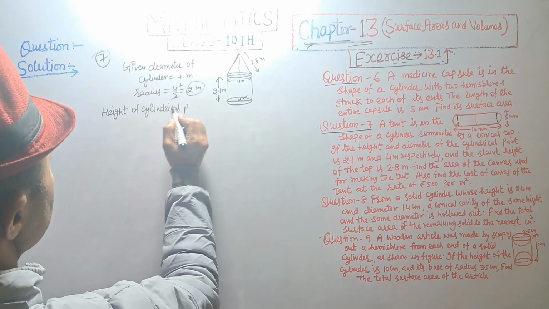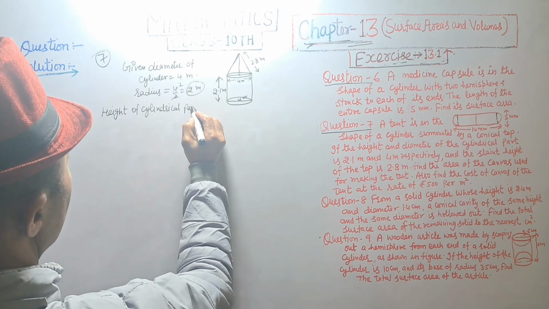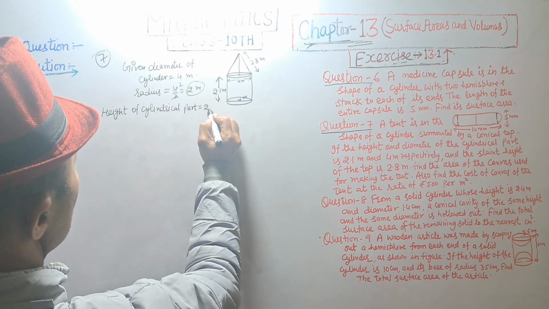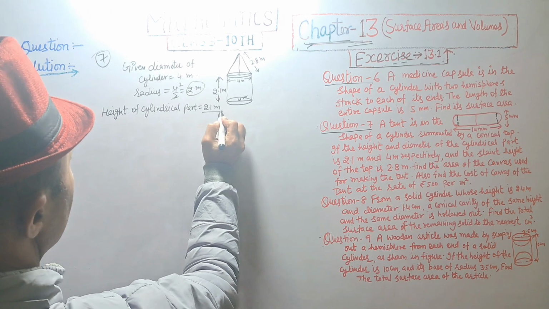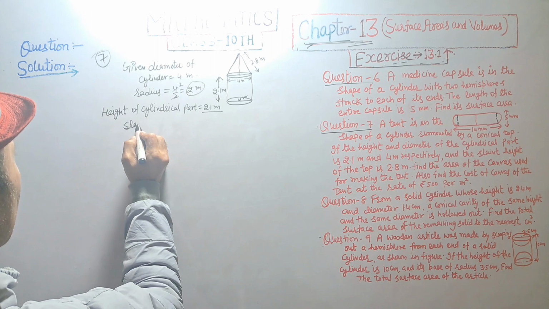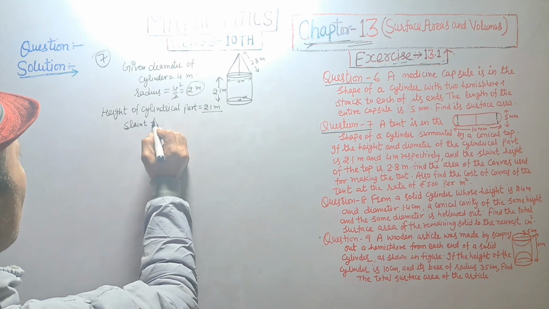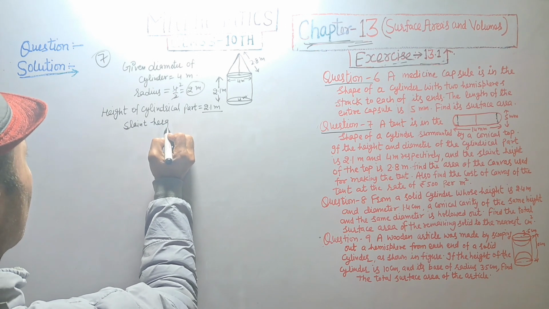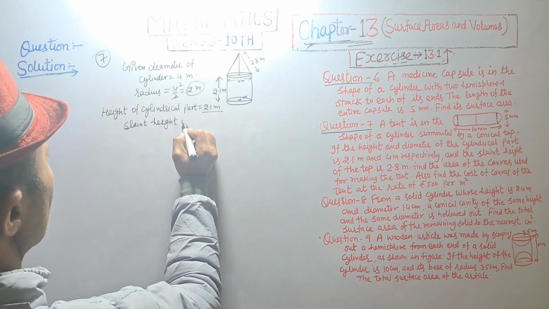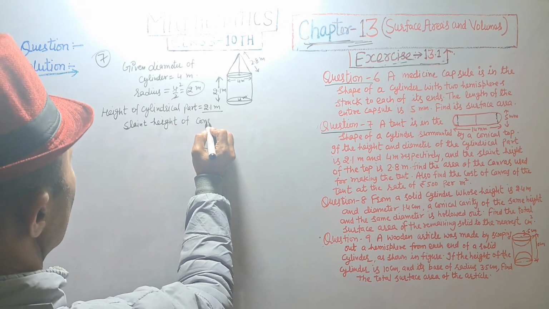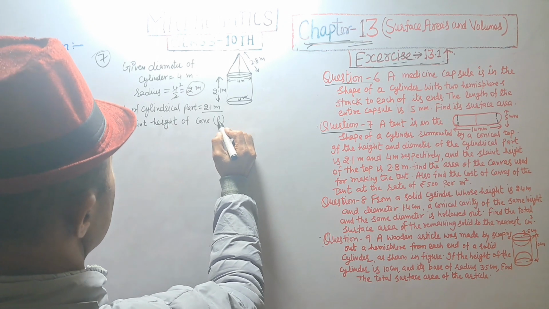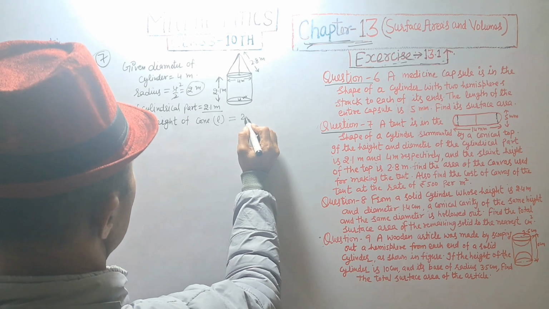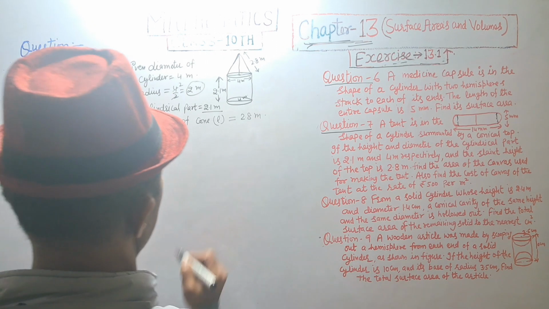Height of the cylindrical part is 2.1 meter. Slant height of cone, denoted by L, is equal to 2.8 meter.